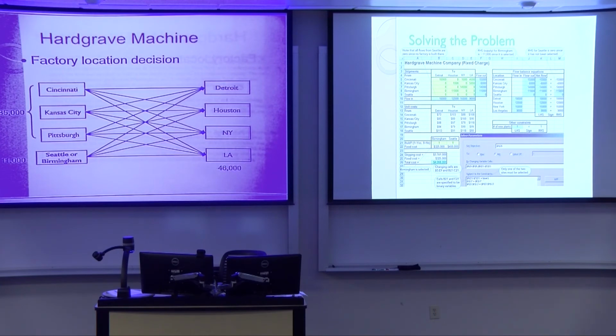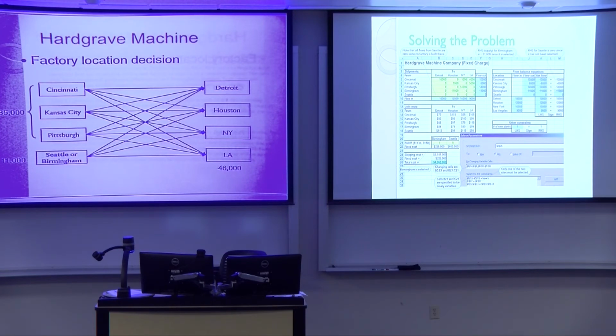So if you look at the solution, which location is selected? Right, that is Birmingham. Birmingham is selected, that is equal to 1, and Seattle is equal to 0, the indicator variable.